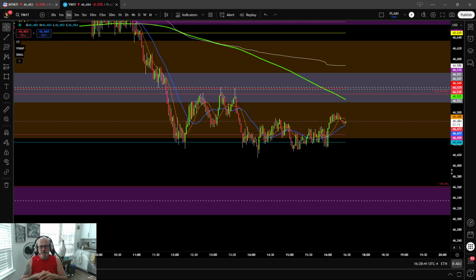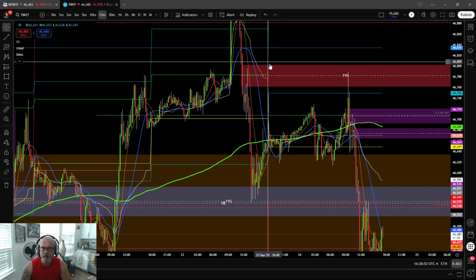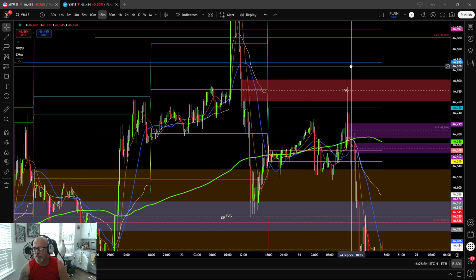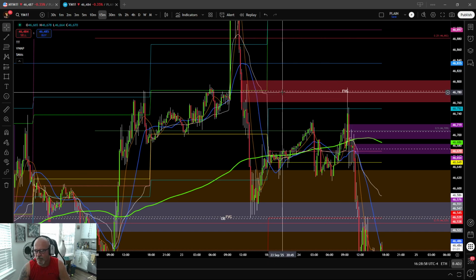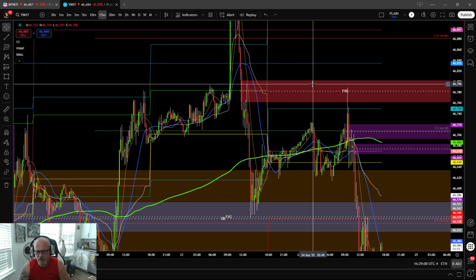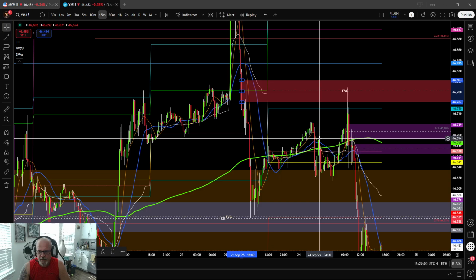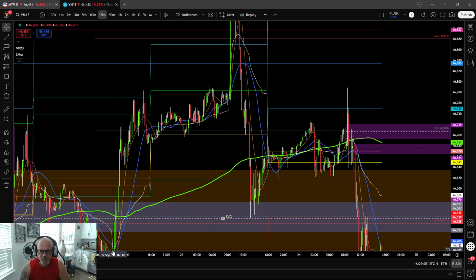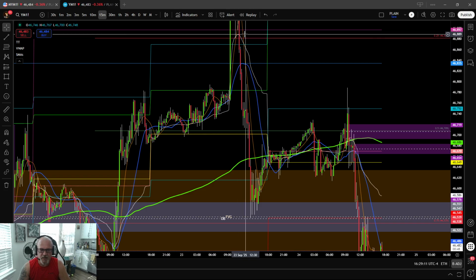A lot of times, maybe you don't see the fair value gap at the 25 DRT level up here, right? Maybe you don't see a fair value gap here.